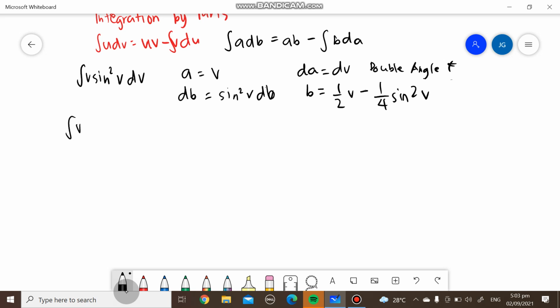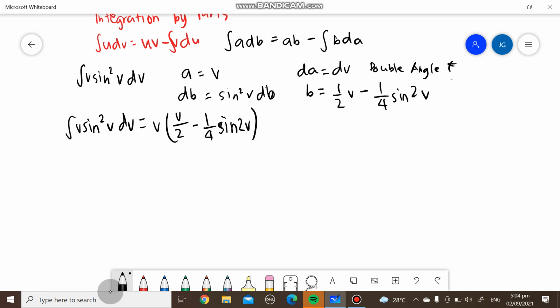So we have the integral of v sine squared v dv is equals to a, which is v, and b, which is v over 2 minus 1/4 sine 2v. Ay, sine 2v pala, hindi siya squared. So, it should be 2v.